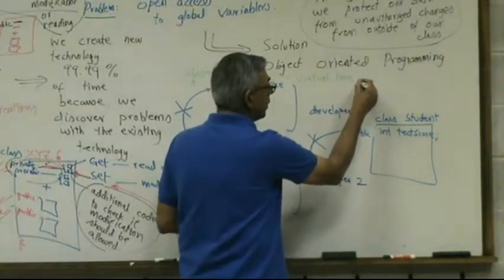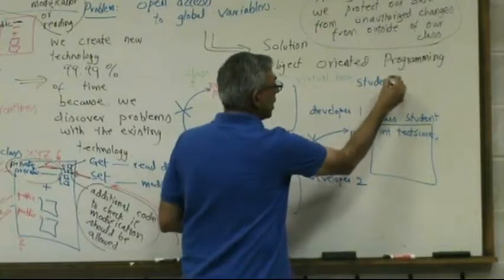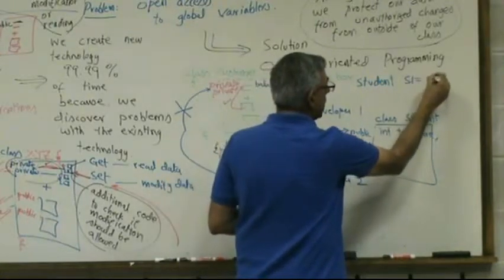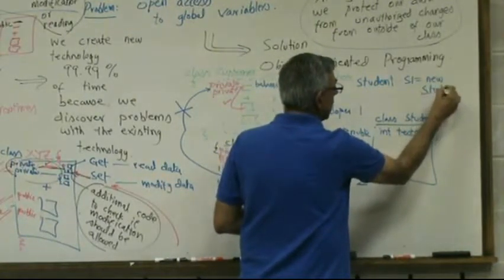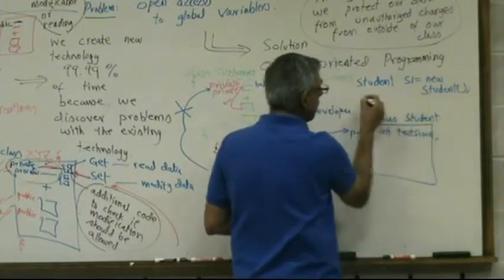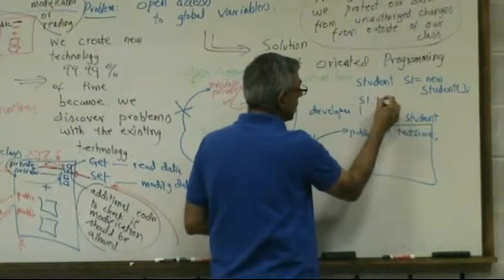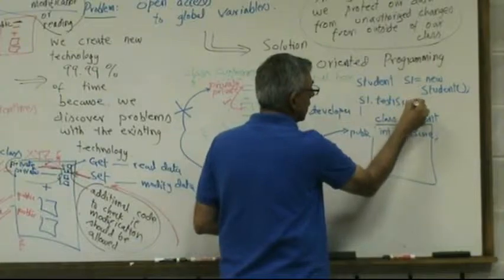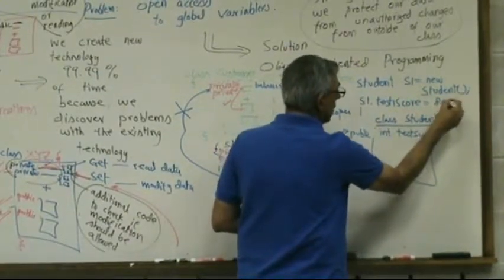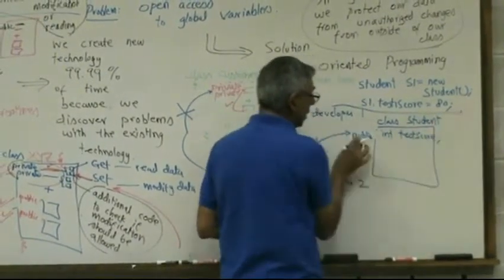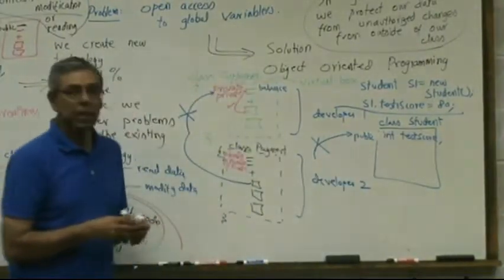And suppose we created one student, student S1 equal to new student. If I did S1 dot test score equal to 80, will this work? Will this code work if this was public? Yes.